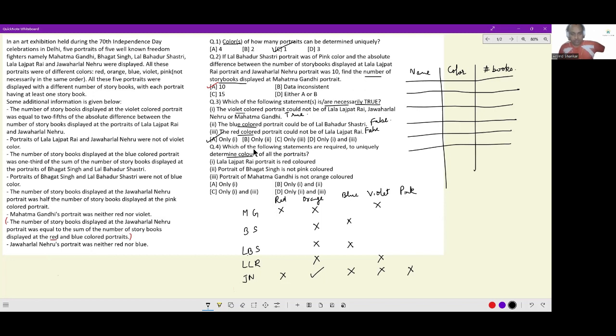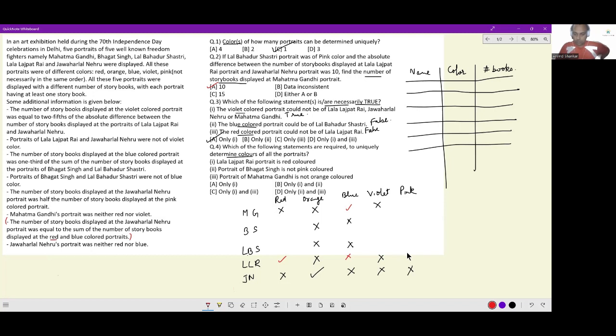Fourth question. Which of the following statements are required to uniquely determine colors of all portraits? First is Lala Lajpat Rai is red. So what does this do? If this gives me red, I can rule this out, which would give me blue is Mahatma Gandhi. If this is red, this is crossed out.